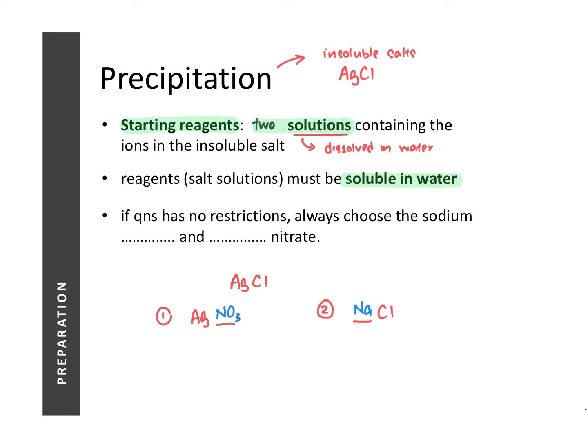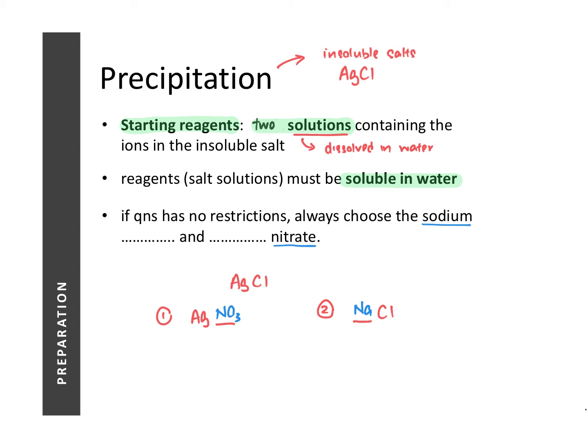Alright, so a recommendation for the starting reagents for any insoluble salt using the precipitation method is to use the sodium something and something nitrate, because we know for sure that the salt is definitely soluble in water.